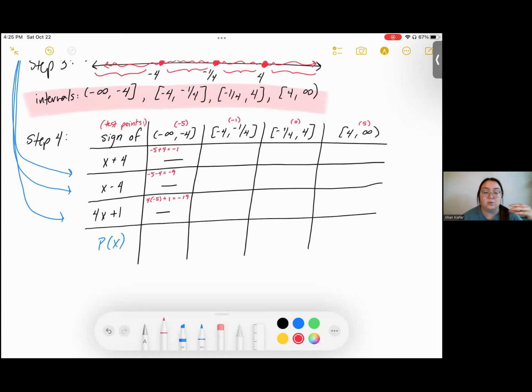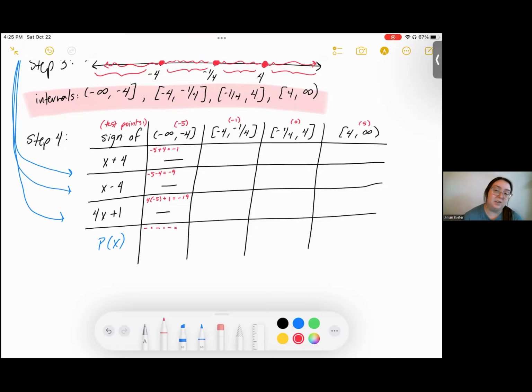The last row is the polynomial itself. You don't need to use the actual values that you found when you calculated whether each factor was positive or negative. You just need to use the fact that it's negative or positive. So really what we have here for a polynomial is a negative number times a negative number times a negative number.